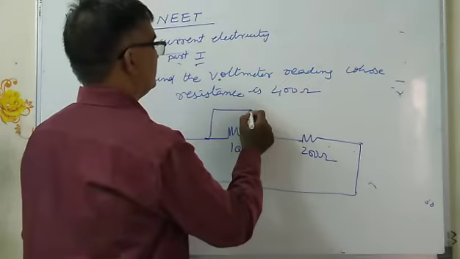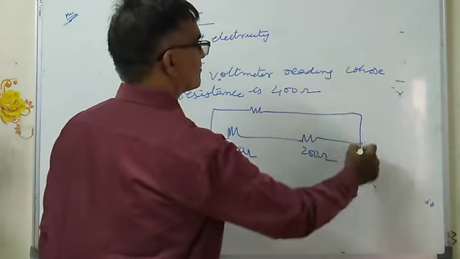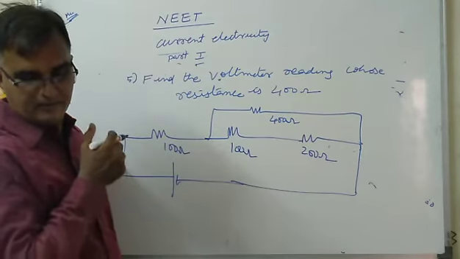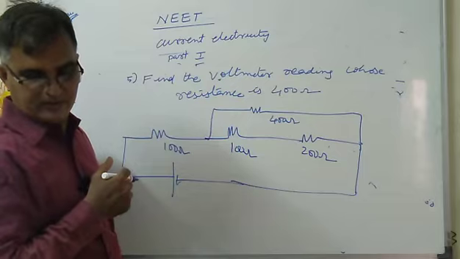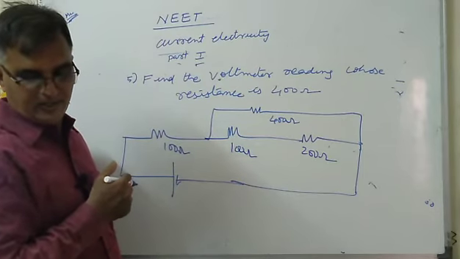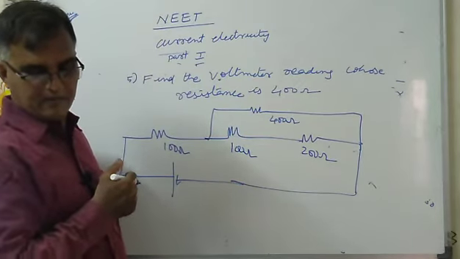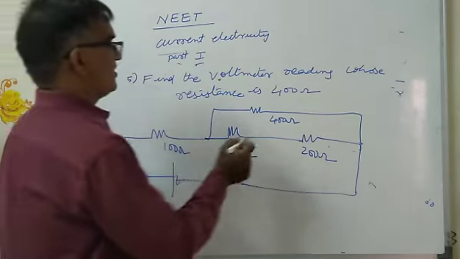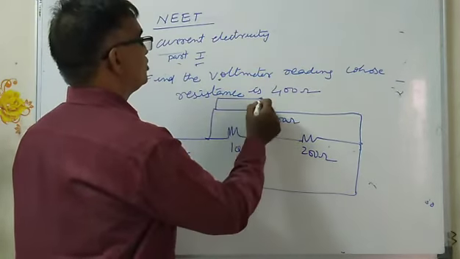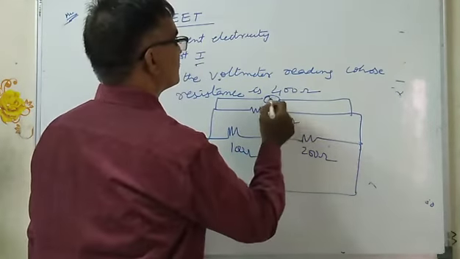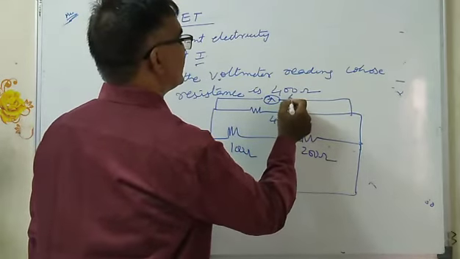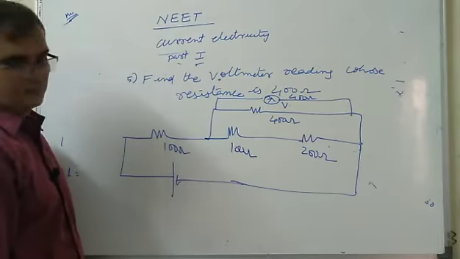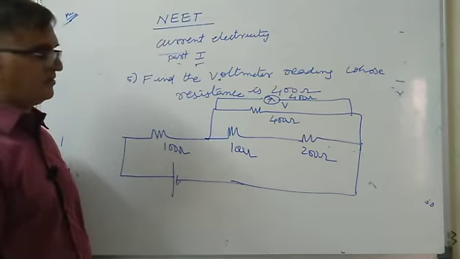Now in between you have 400, and here this 100, here 400. Here the voltmeter has a resistance given as 400 ohms.